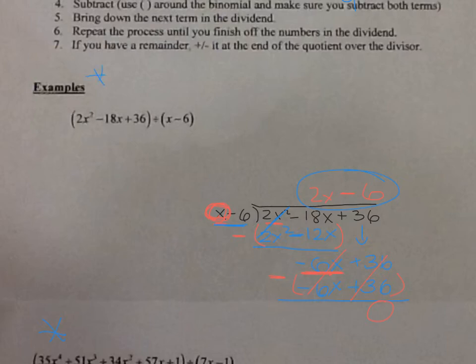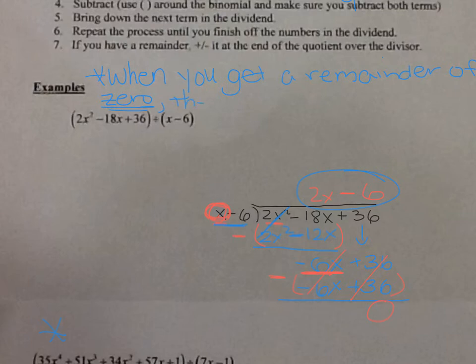Okay? When you get a remainder of 0, which is what I had, right? I had a remainder of 0.